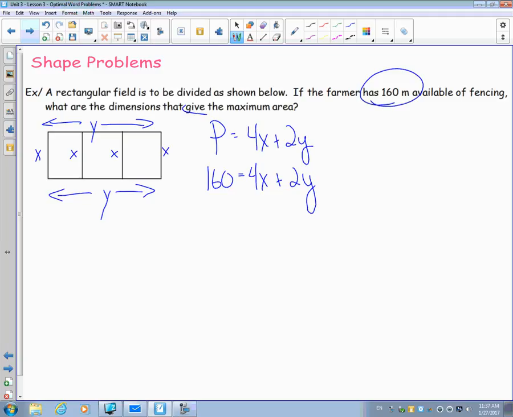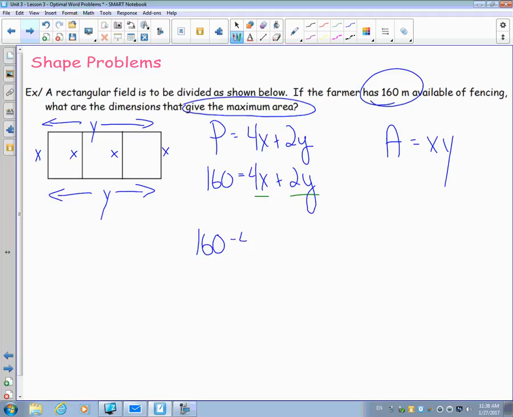But I want to maximize my area. How do I find the area of this rectangle? Length times width, x times y. So if I can get one of my letters by itself, I can substitute and rearrange and solve. I want to get either x by itself or y by itself. I think it's easier to get y by itself because I can divide by 2 easier than I can divide by 4.